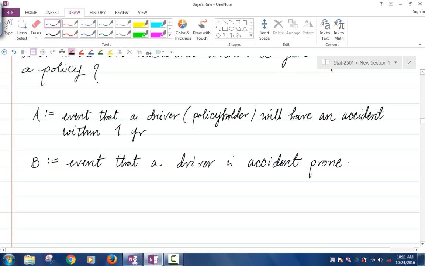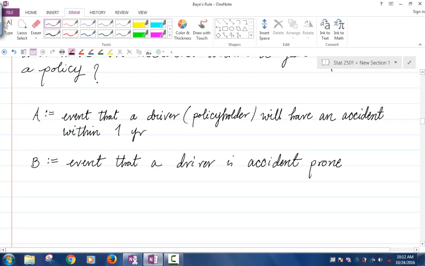Okay, what is B complement then? The event that a driver is not accident prone, right? So what is the question asking us to find? We are supposed to find the probability of A. Is everybody clear on that?